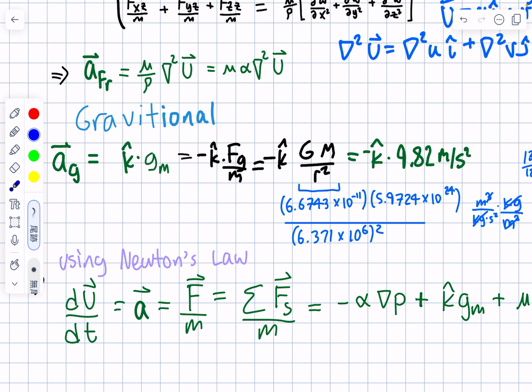And because the coordinate system is set up with x, y, and z directions all perpendicular, j·k would also be equal to 0. And finally we get k·k, which is equal to 1. So that would just leave us with gravity in the z direction only.